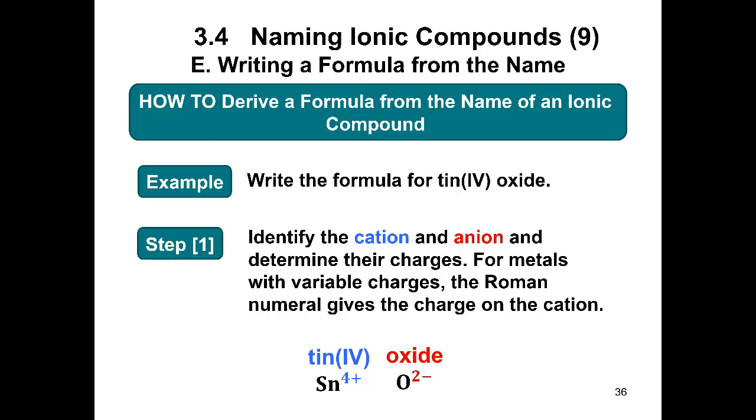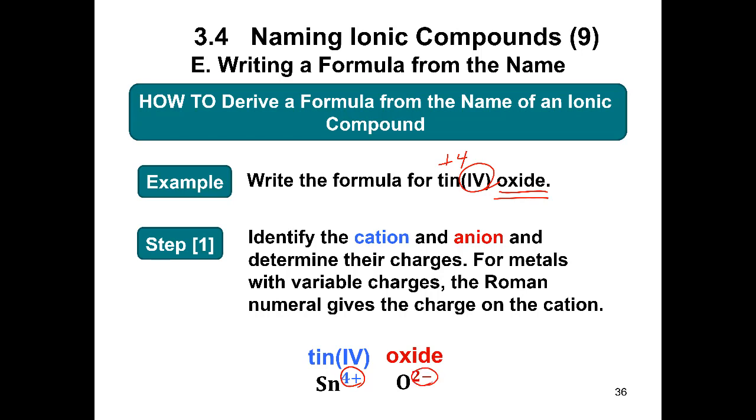How do you write the formula from the name? To me this is easier, because you just go backwards. You are given the charge on that tin. It's a +4. That's what the Roman numeral means. So you have a +4 tin. Oxygen is always a -2.